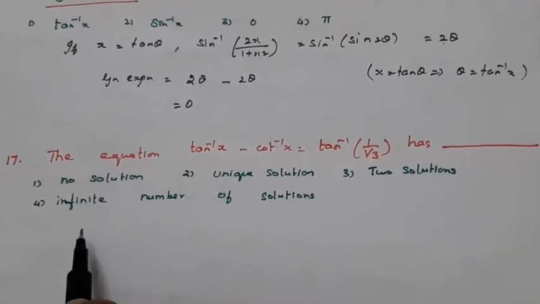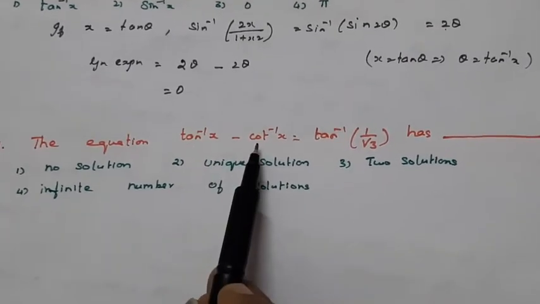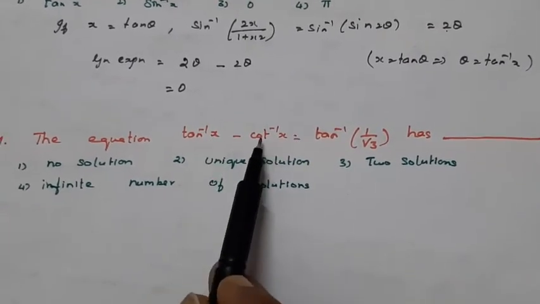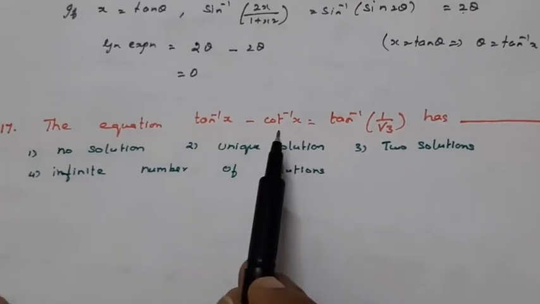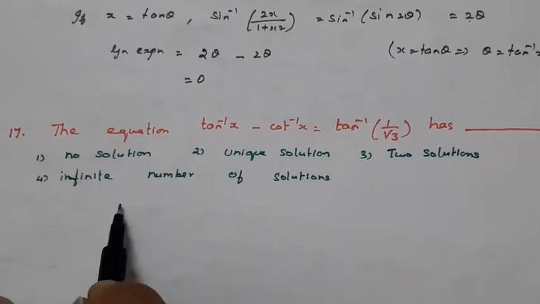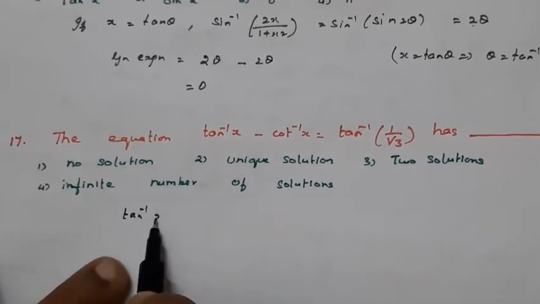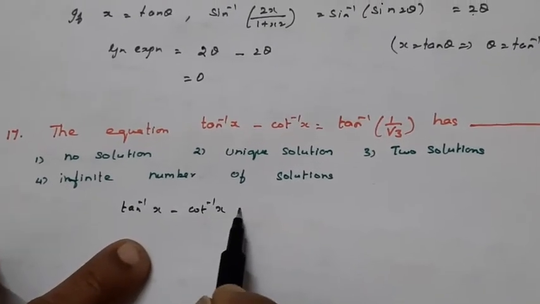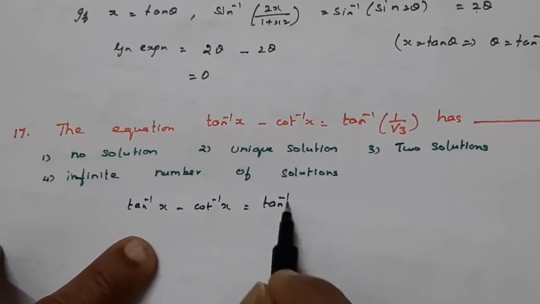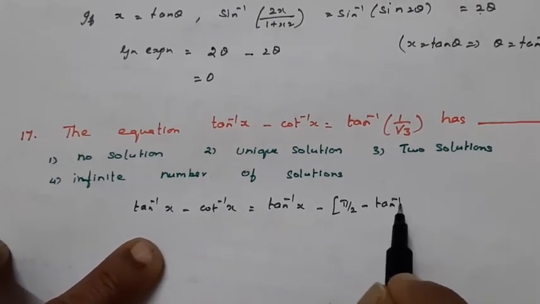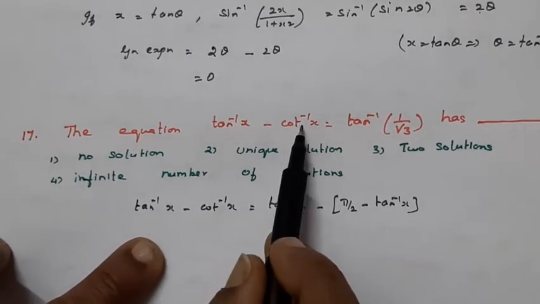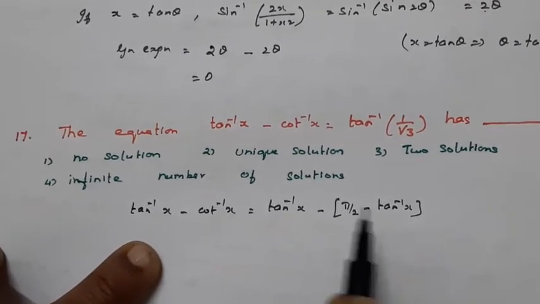Okay. So, given that tan inverse of x and cot inverse of x, and you know that there is a relation between tan inverse and cot inverse as tan inverse of x plus cot inverse of x is equal to pi by 2. So, we can replace cot inverse of x as pi by 2 minus tan inverse of x.